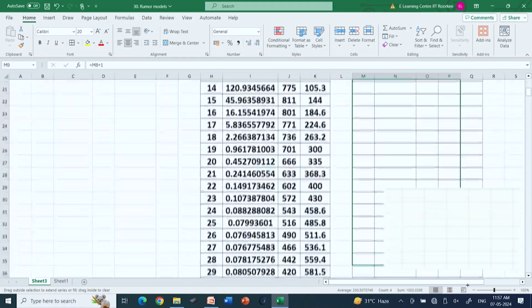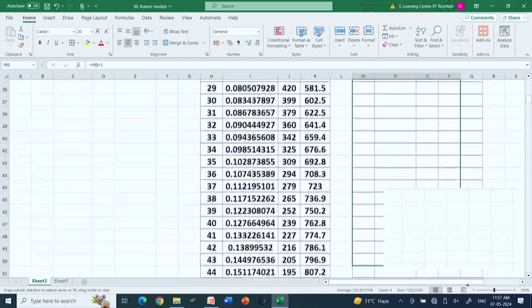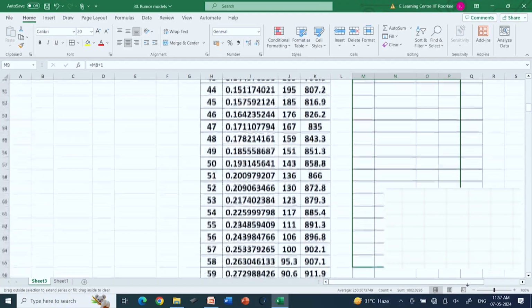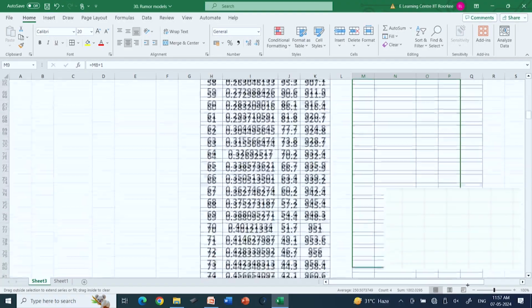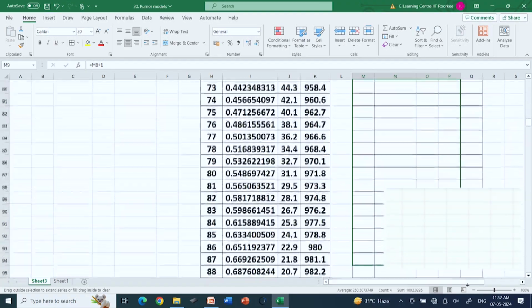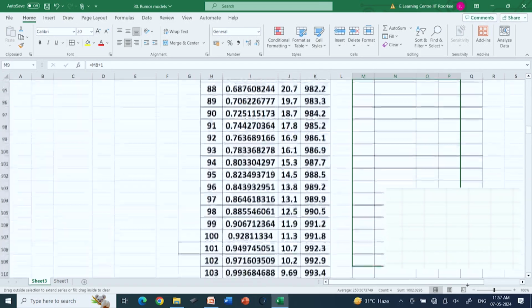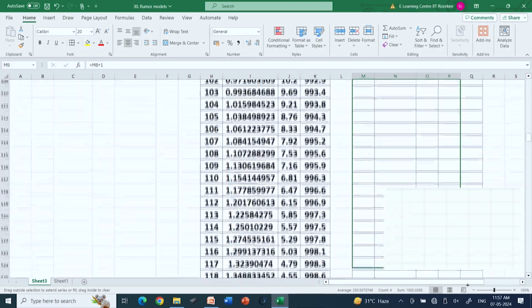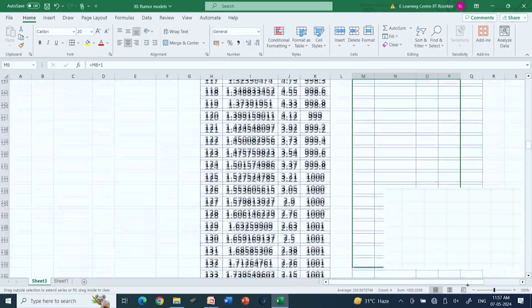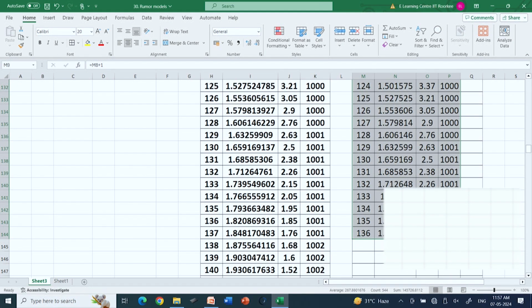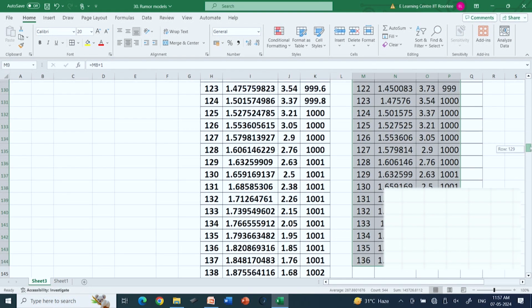So we take it up to 150. So we get the values, and now we have to plot them.